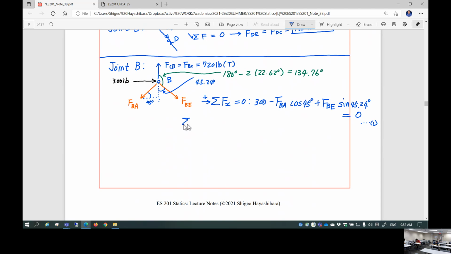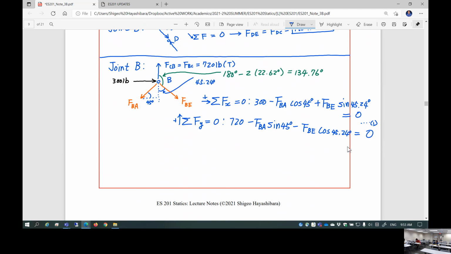And then again, summation of the force in y direction. Let's just set equal to 0. 720 pounds minus FBA sine of 45 minus FBE sine 45.24 degrees.